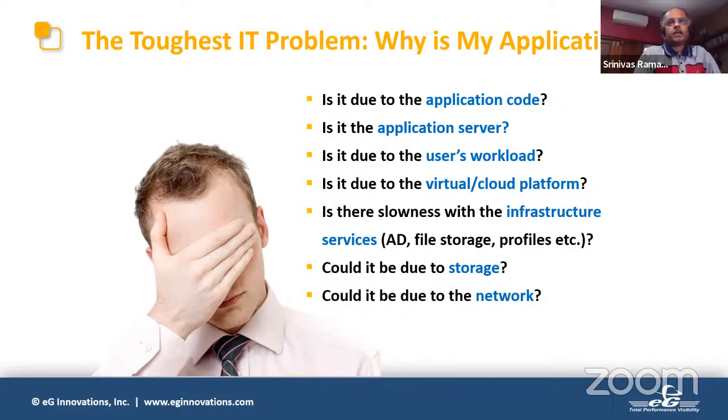From the user side, the user doesn't know the complexity of the underlying infrastructure. They do not know if you're hosting an application in the cloud or on-premise. They do not know what type of database you're using, nor do they care. Once you, as the IT admin, get a call saying, my application is slow, you have to quickly figure out, is the problem due to the application code?